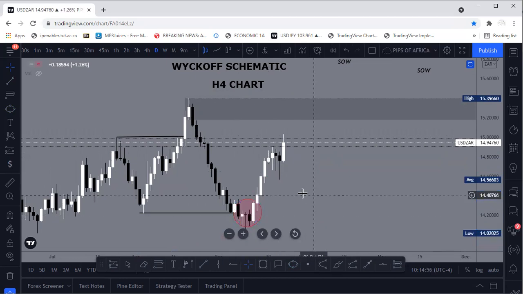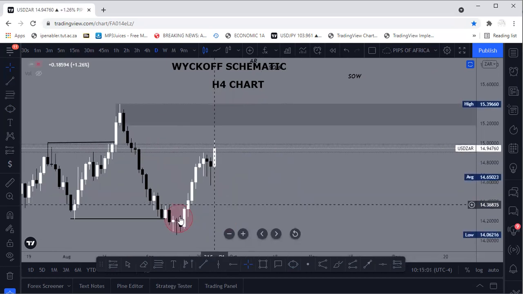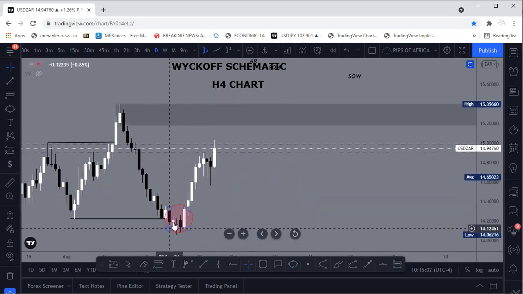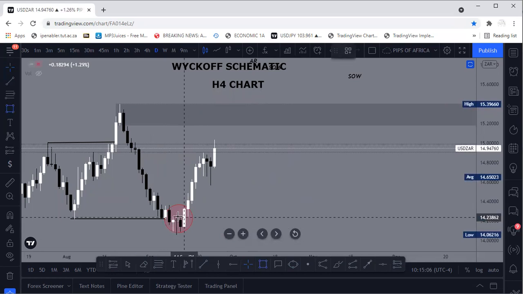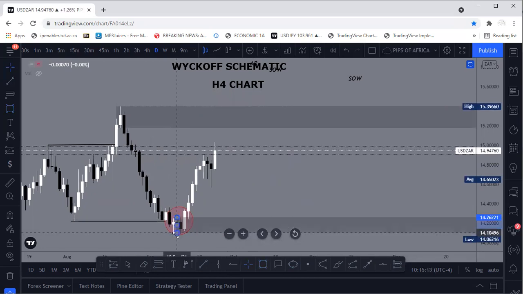So you must come and examine this area here. You must come and check this area. What is happening here? Because even here, there's an order block. You must not forget that. There's an order block even here. There is this order block.